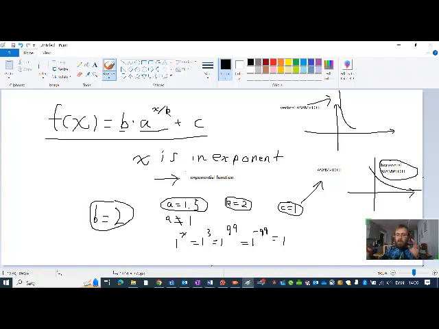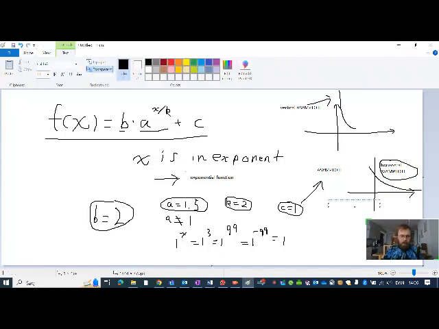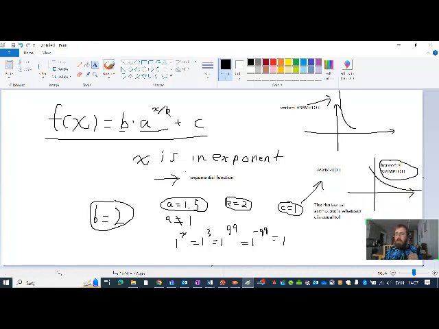And exactly what number that horizontal asymptote trends towards, what y value it trends towards, is just this c value. The horizontal asymptote approach is whatever c is equal to. So that's kind of already interesting.